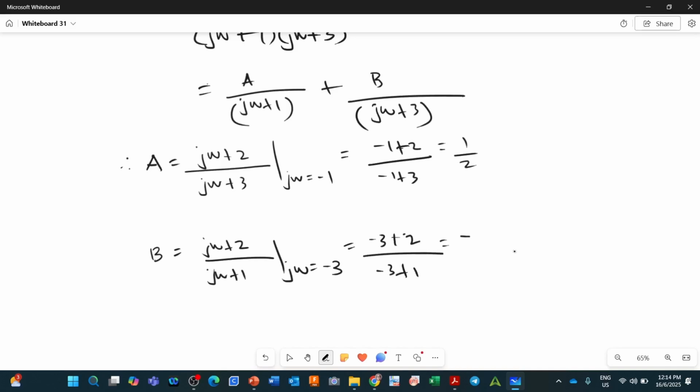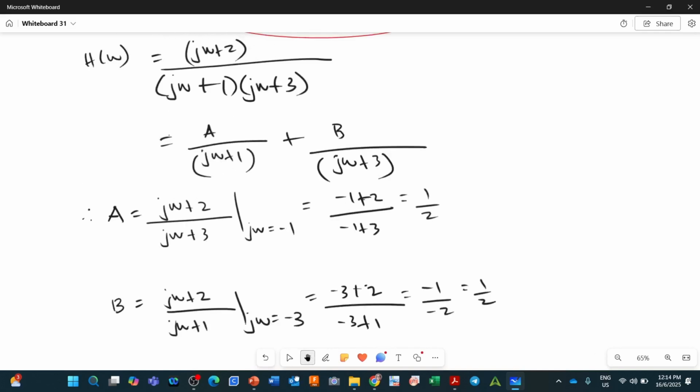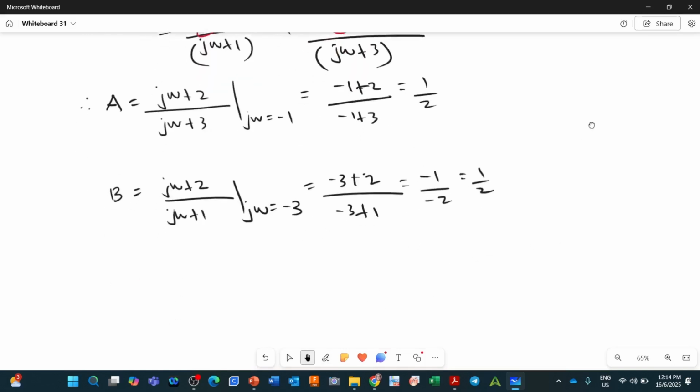You get minus 1 over minus 2, which is 1 over 2. So substitute it in this: 1 over 2, 1 over 2.